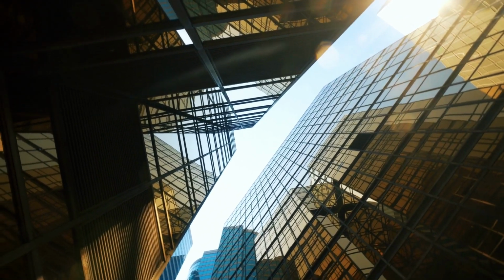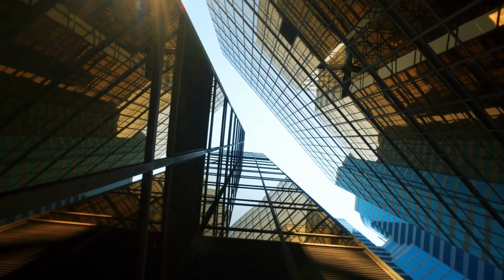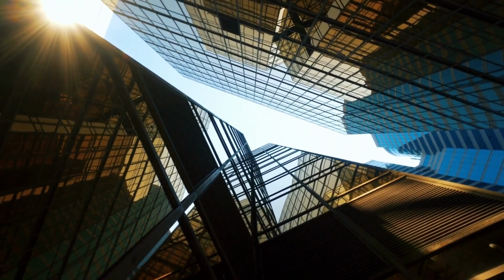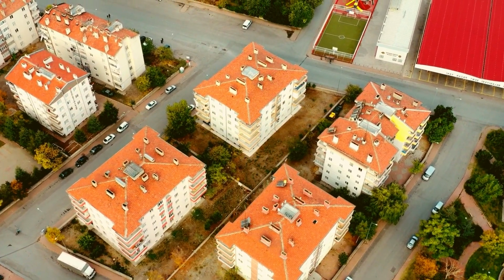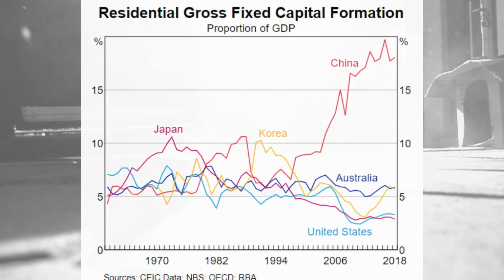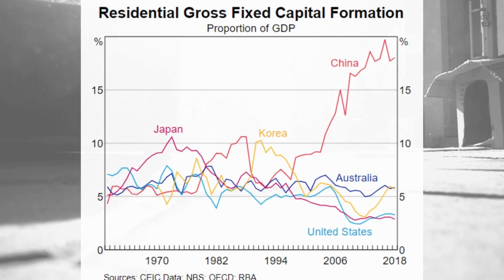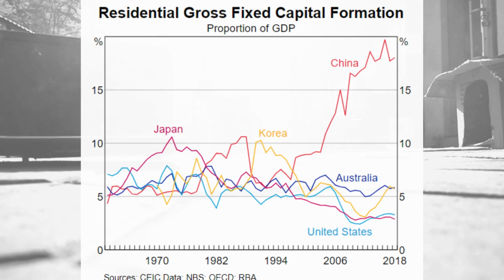Then to look at it in a different way, you can look at what's the amount of residential investment we've seen in China as a proportion of GDP? Japan had a pretty famous housing crash back in the 70s and 80s. Well, China's already double the level of Japan in terms of the amount that's being spent before Japan had its housing crash.